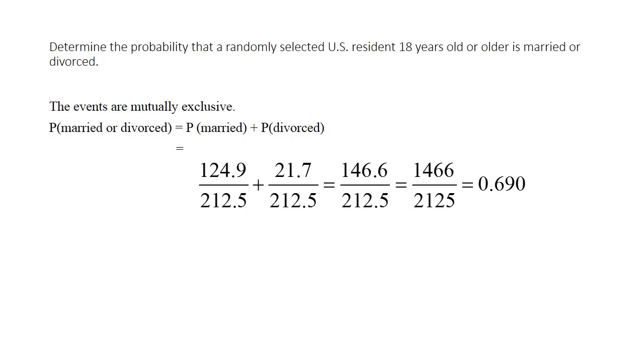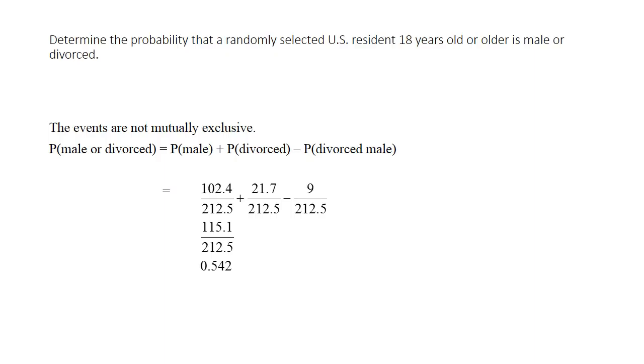The next part to this question is also an OR question. This time, though, the events are not mutually exclusive. Since the events are not mutually exclusive, we say the probability of selecting a male or someone divorced is equal to the probability of a male plus the probability of someone divorced minus the probability of selecting a divorced male.